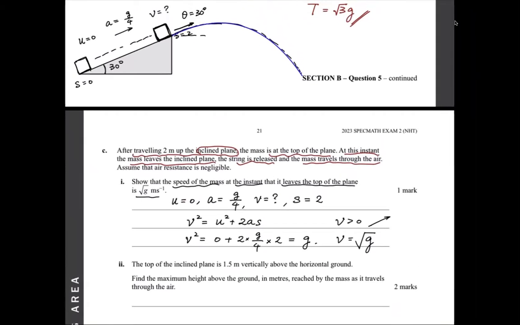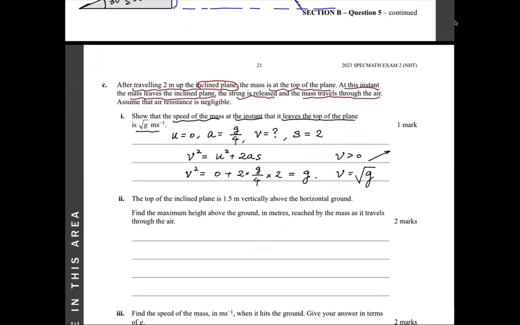I mean, actually, we should relocate this box a bit further up, otherwise it won't match the 1.5. So actually, this bit is 2 meters, okay? So it's 1.5 meters vertically above the ground. Now, find the maximum height above the ground in meters reached by the mass as it travels through the air.